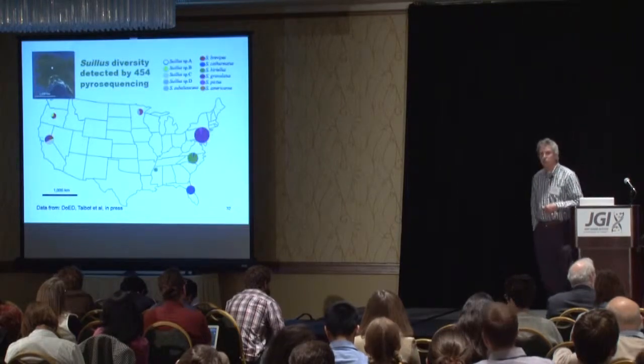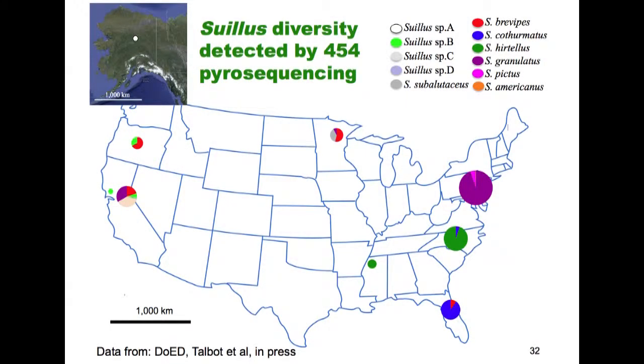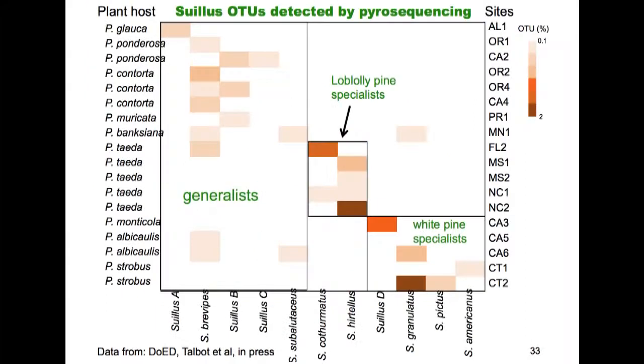And so we mined our next-gen sequence data set to see where the Suillus were occurring from the study I just described, and we can describe their species ranges using the next-gen data.